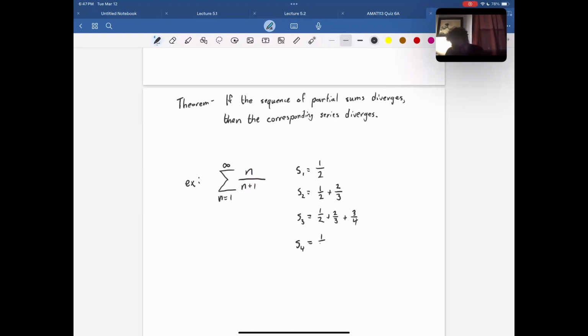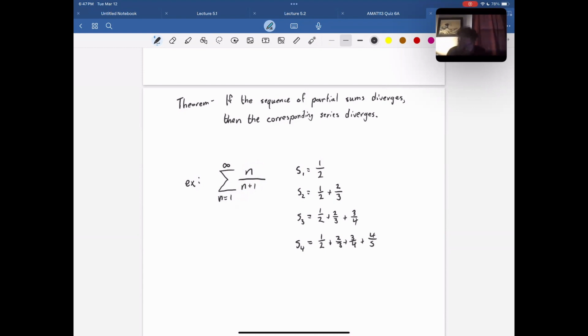And let's do one more, right? So S4 will be 1/2 plus 2/3 plus 3/4 plus 4/5. Right? If I plug 4 in, it'll be 4 on the top and then 4 plus 1 on the bottom, right? Okay.